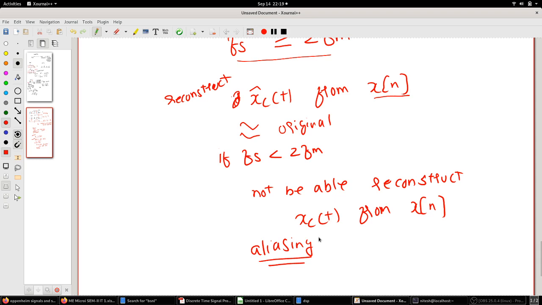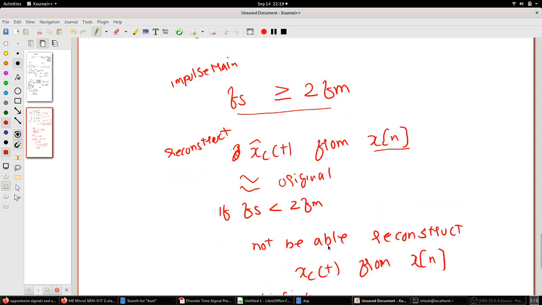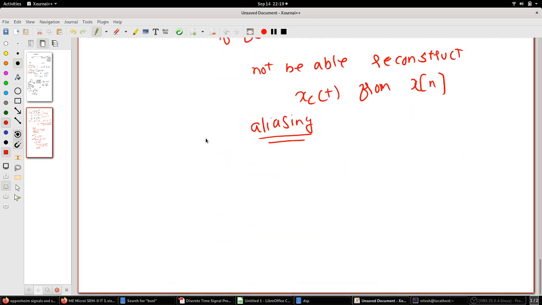The whole concept was we started off by saying that continuous time signals are difficult to process, because your processing elements are all digital, right?